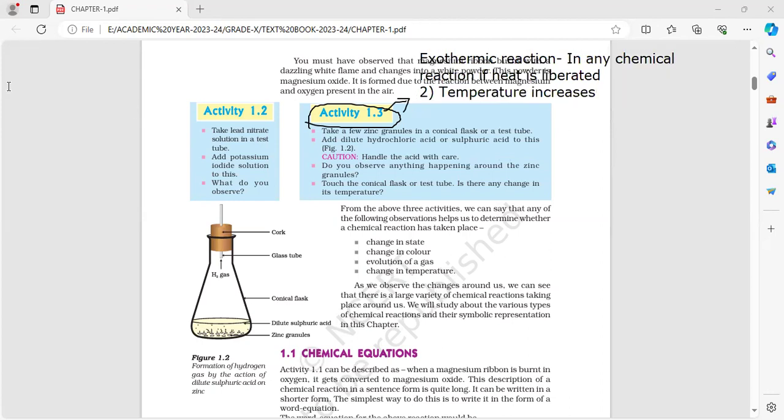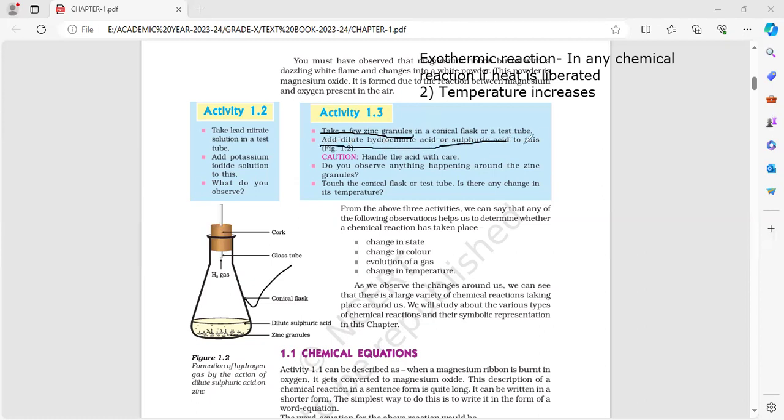Let me explain what substances or materials are required. First he is asking to take a few zinc granules. Zinc granules are metals. Okay, zinc is a metal, right? Take them in a conical flask, or even a test tube. Then add dilute hydrochloric acid or sulfuric acid.